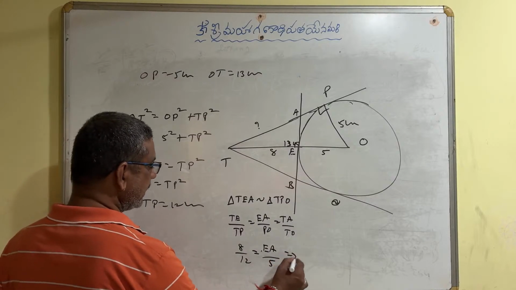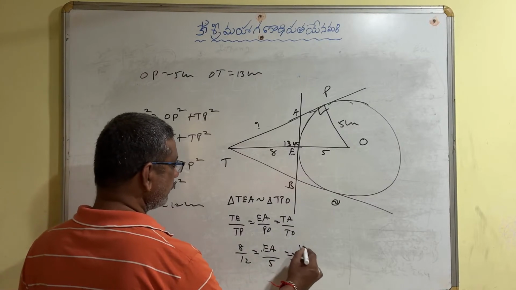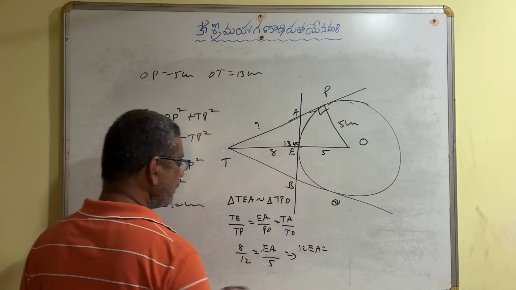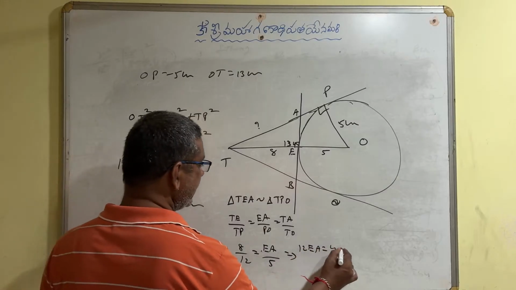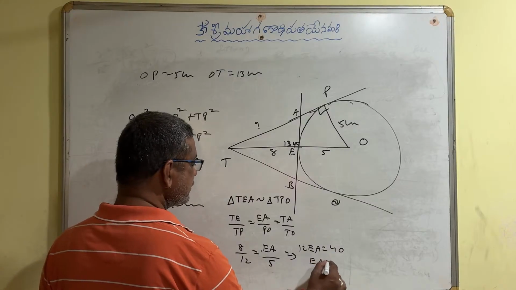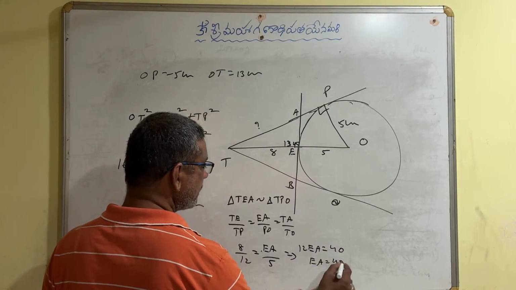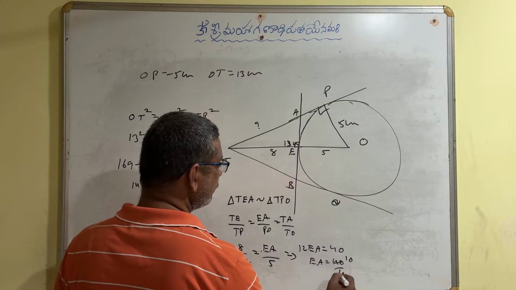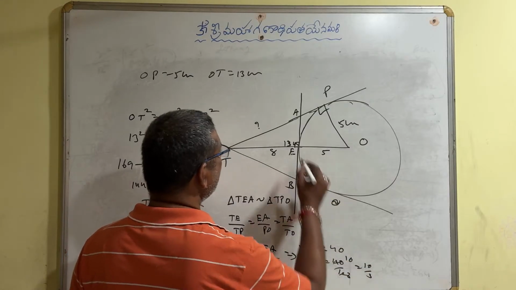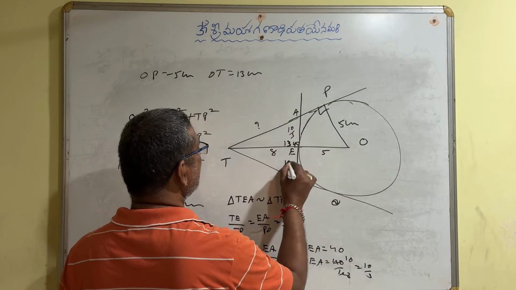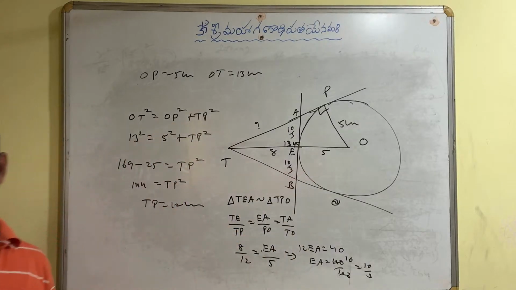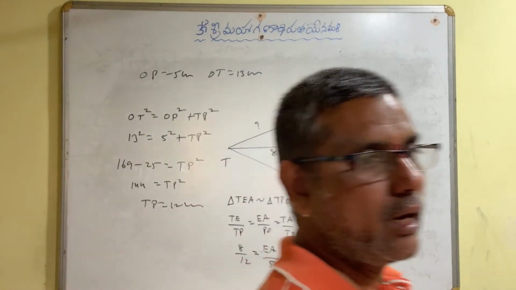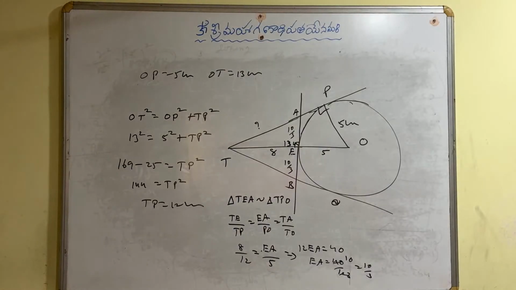Cross multiply: 12 EA is equal to 40, then EA is equal to 40 by 12, which is 10 by 3. So this is 10 by 3 and this is also 10 by 3, total 20 by 3. So the length of the tangent is 20 by 3.